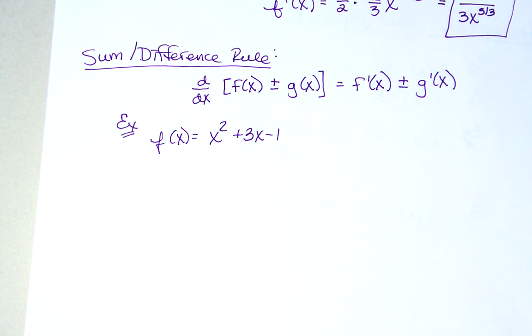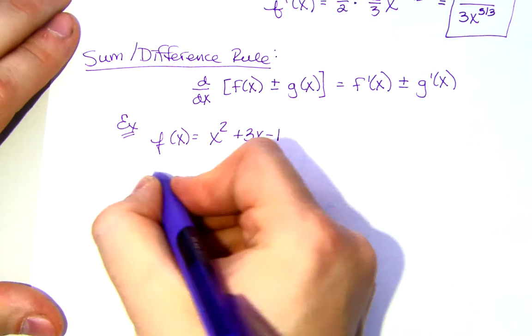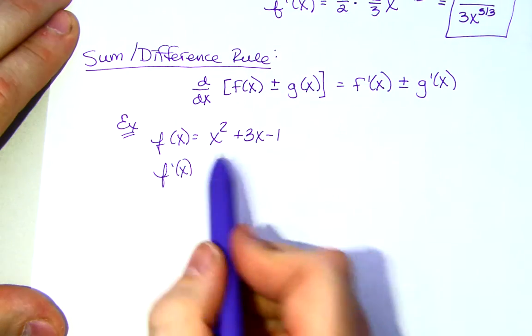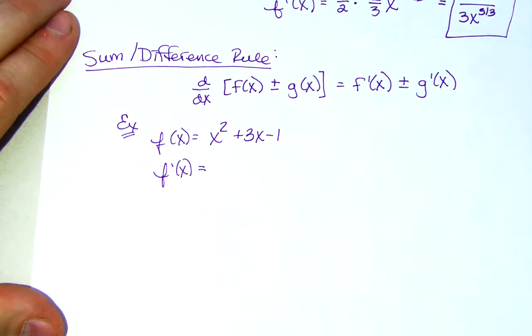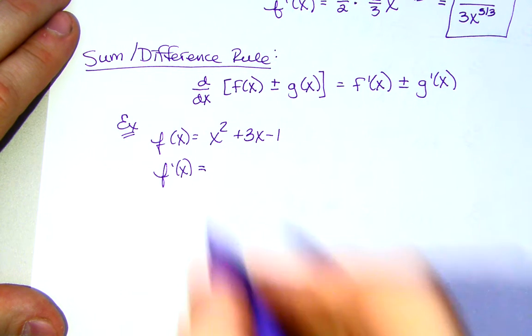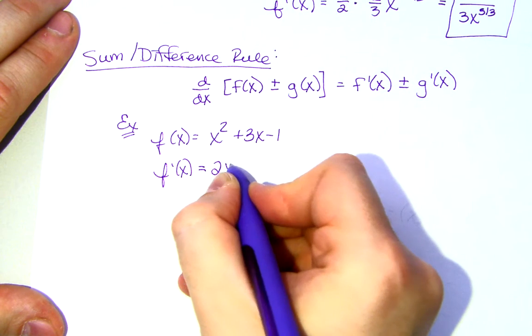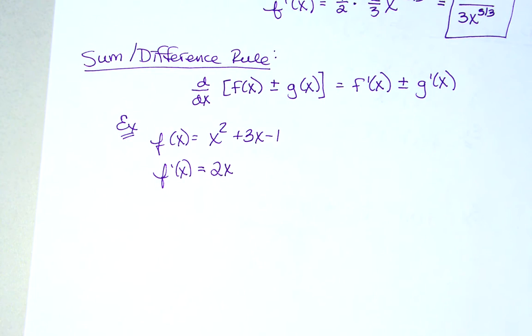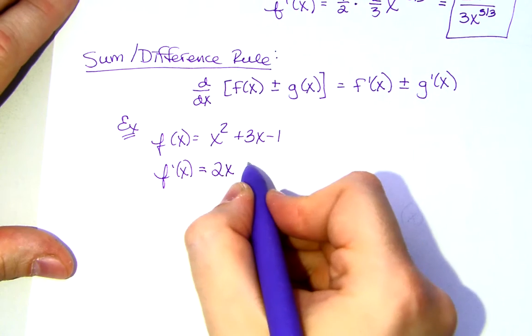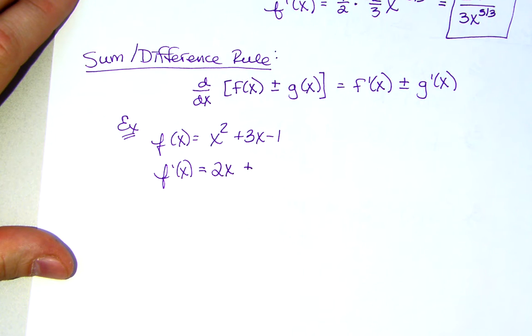For example, f of x equals x squared plus 3x minus 1. We're going to find the derivative of this. All we need to do is, well, each of the three pieces. What's the derivative of x squared? 2x. Move down the power, subtract 1 from the power, 2x to the first, just call it 2x. 3x, what's the derivative of 3x? 3.